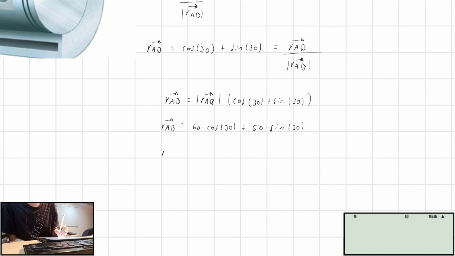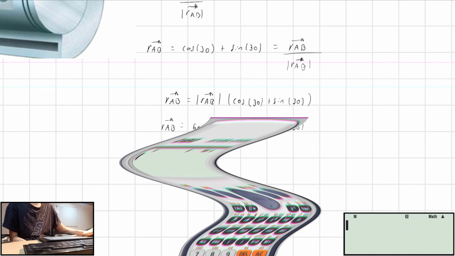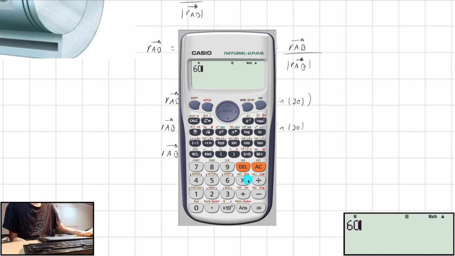And that means that the vector RAB, for when we are talking about an angle of 30 degrees, is going to be equal to 60 times the cosine of 30. We just have to make sure that we are working in degrees within the calculator.